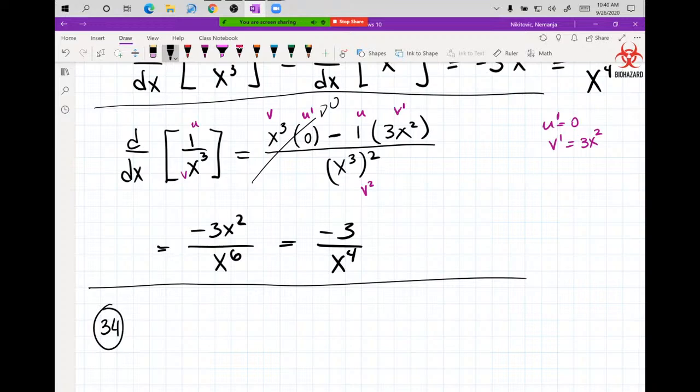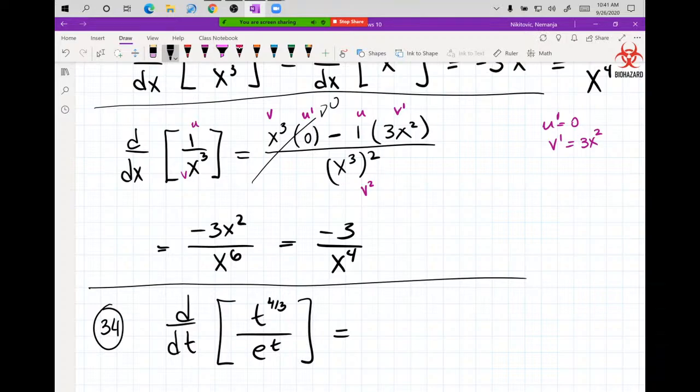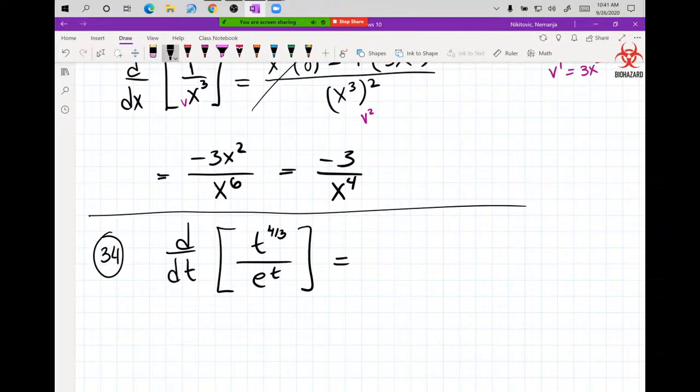So here's number 34, where you're supposed to take the derivative of, in terms of t, t to the 4/3 divided by e to the t. Since this is the derivative, we can go in line. I don't have to start a new one.